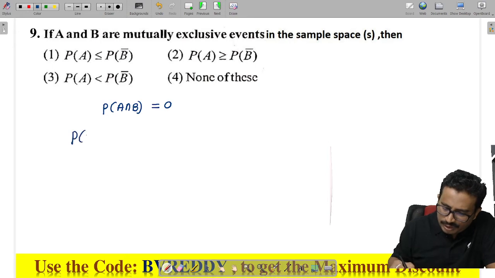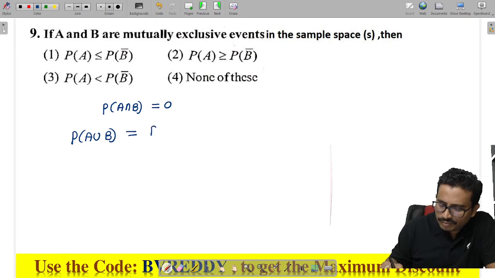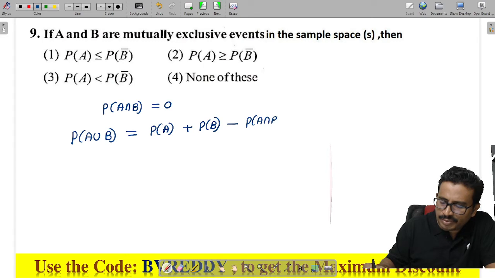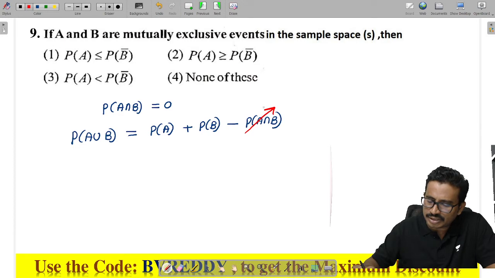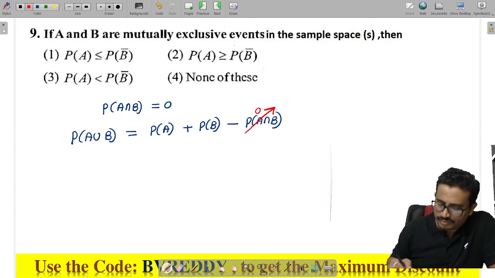As we know, P of A union B is given as P of A plus P of B minus P of A intersection B. Since A and B are exclusive, the intersection is equal to 0. So what I can say now, P of A plus P of B is equal to P of A union B.